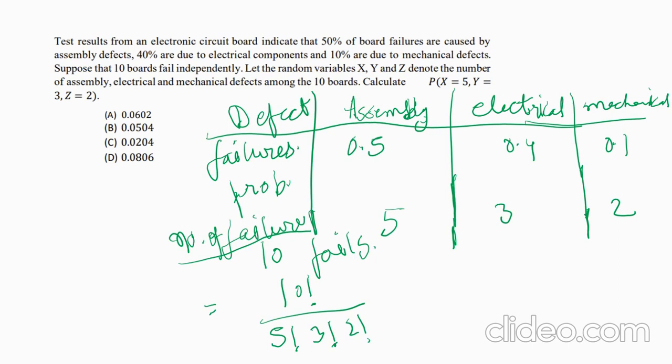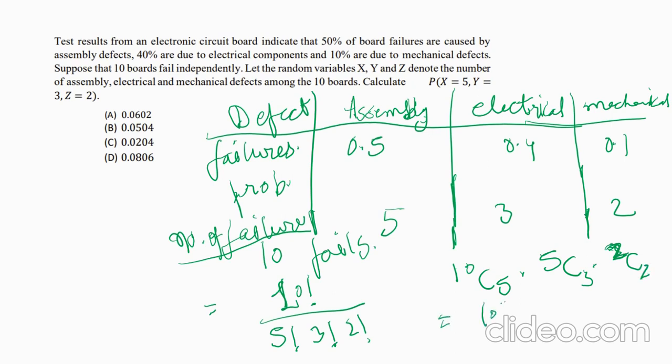Now from where this formula comes, this is very important. So firstly we have 10 failure rules. Then what we can do is that we can choose 10C5. Out of 5 we can choose 3, and out of 2 we can choose 2 last.